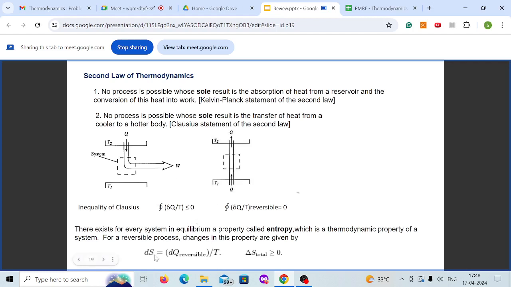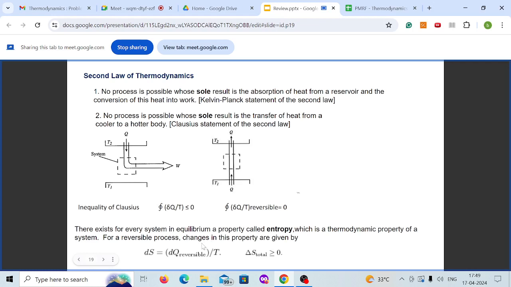Since dq by T is entropy, the entropy change should always be greater than or equal to 0. So if your whole cycle or process is reversible, then the entropy change dS will be equal to 0, or if it is irreversible, then the entropy change will be greater than 0.